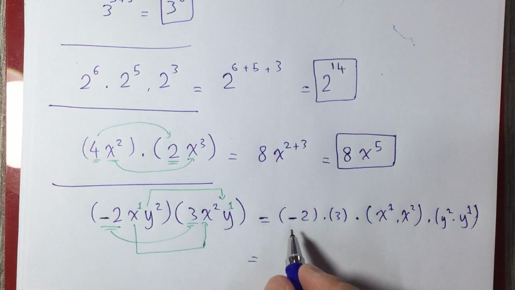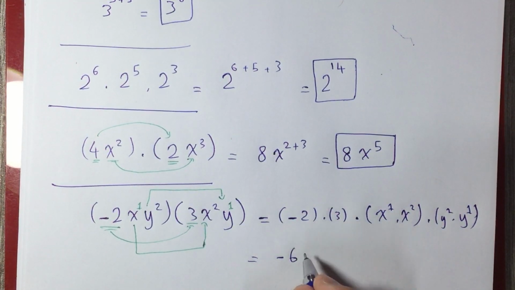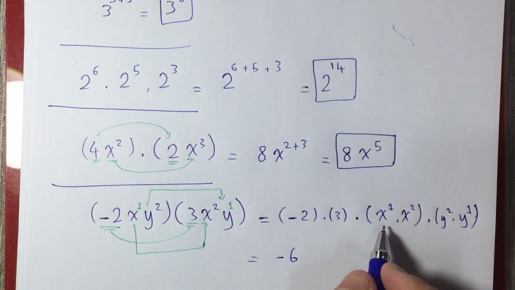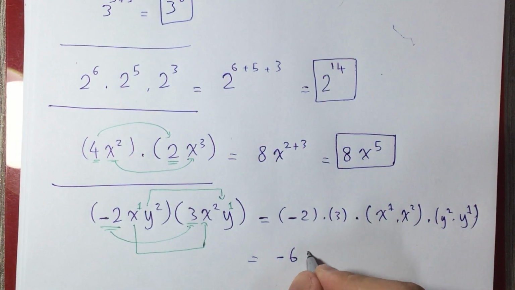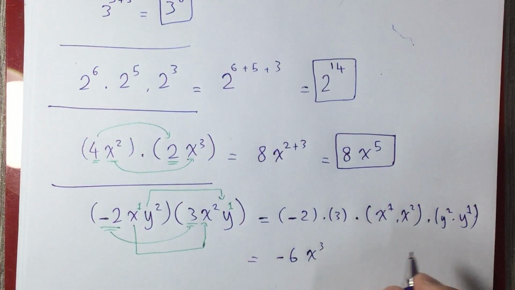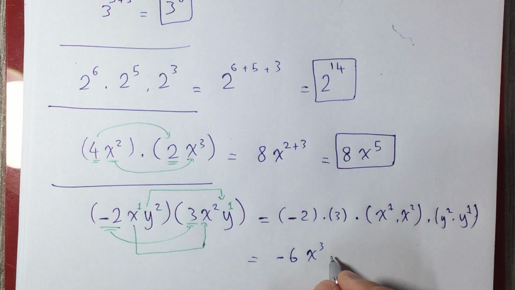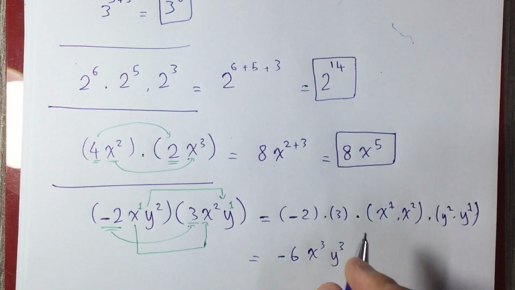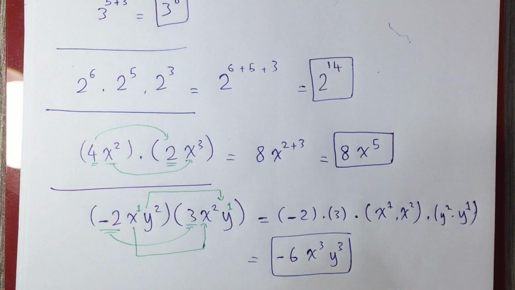And this will give us negative 2 times 3, negative 6, and x to the first times x squared will give us x to the third power, times y squared times y to the first will give us y to the third power. Okay, this is how to multiply powers.